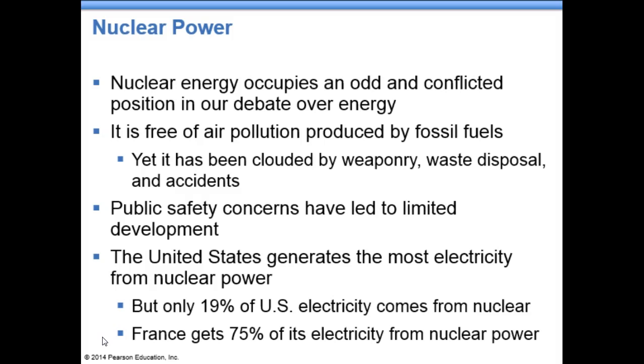The United States generates the most electricity from nuclear power, over a quarter of the world's production, but only 19% of the electricity used in the U.S. comes from it. So we're only looking at a really small amount of what is produced going into electricity. France, on the other hand, leads the list, and they receive 75% of their electricity from nuclear power.